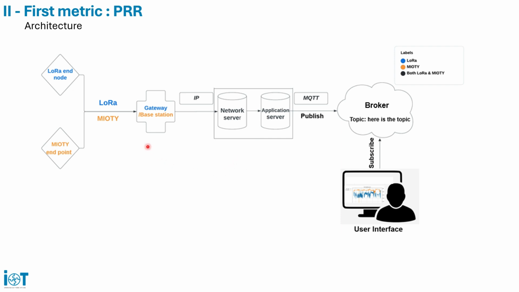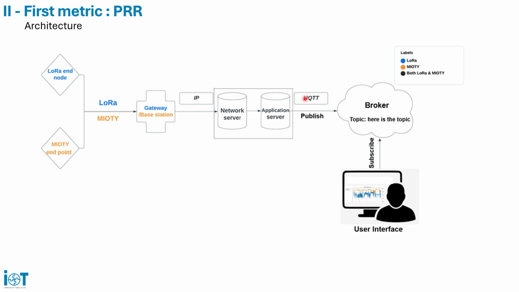On the other hand, if the RSSI is very bad, or if the signal is corrupted, or there is a missed frame, the gateway will just drop the packet and will not forward it to the network server and application server. Coming to this part, the application server, I can say that we are no longer talking about LoRaWAN network architecture or MIOTY network architecture. The data here are totally decrypted and ready to use.